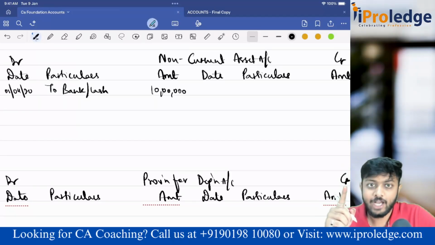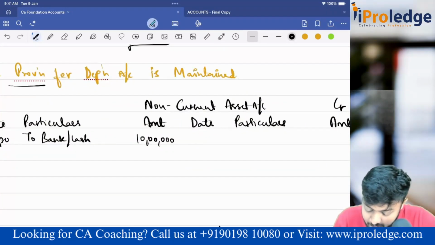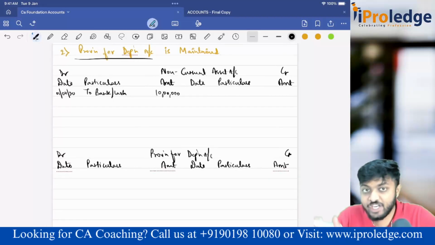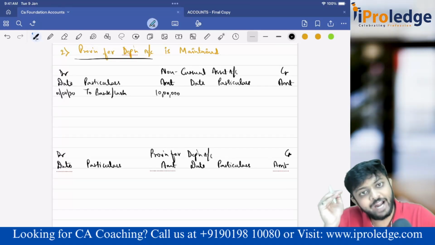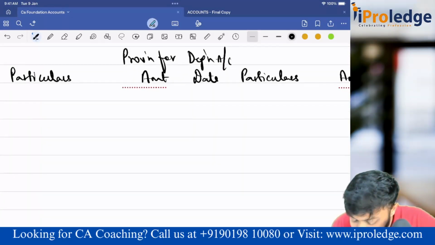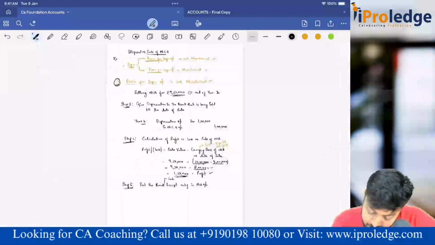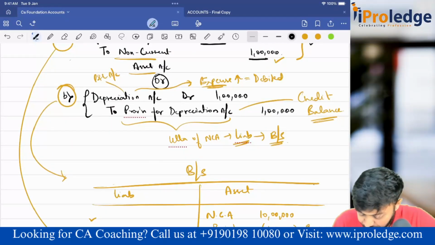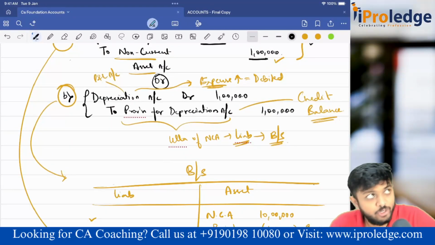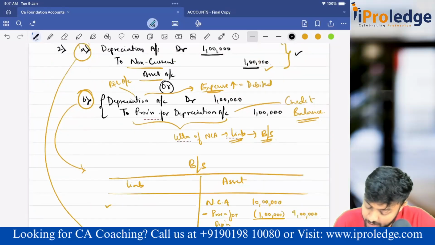No, no, no. This is the second part, where provision for depreciation is maintained. That means depreciation entries will come in the provision for depreciation account, not in the NCA account. The NCA account will always be at cost only. So depreciation will come in this account. So what was the entry for depreciation? Depreciation to provision for depreciation account. That means the provision for depreciation account is credited.